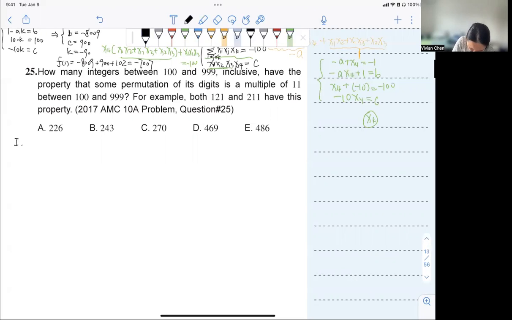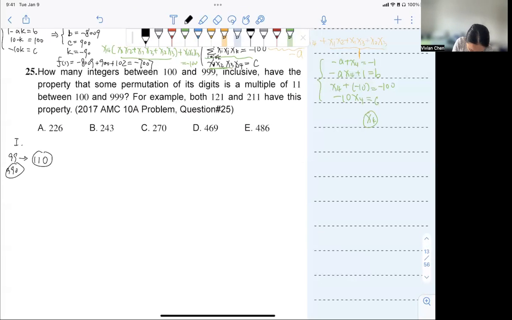So we know that 99 is a multiple of 11. After that, it should be 110. So this is the first multiple of 11 in the range. And we know that 990 is a multiple of 11. If you add 11 to that, it's over 999. So this is the last number within this range that is a multiple of 11.